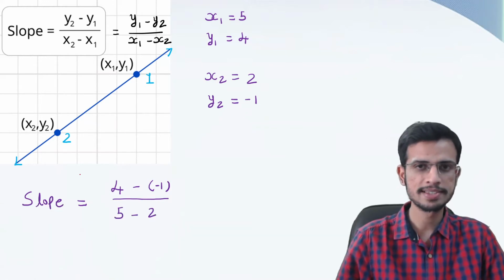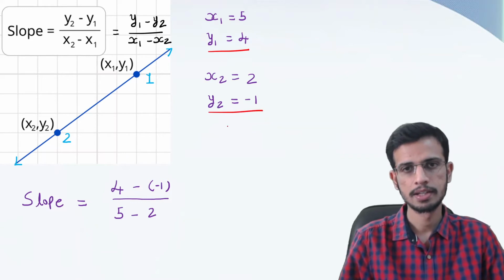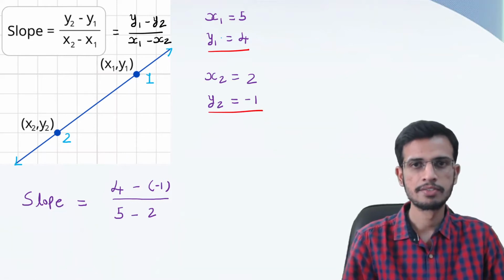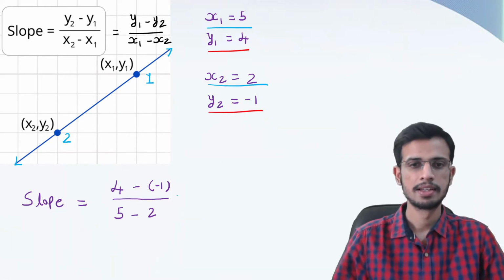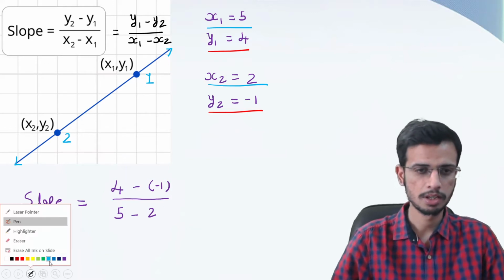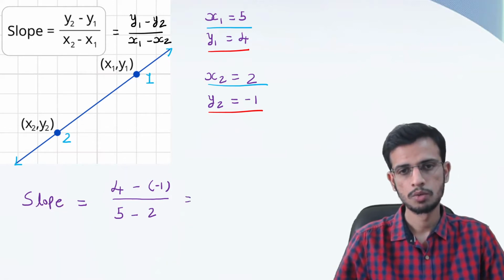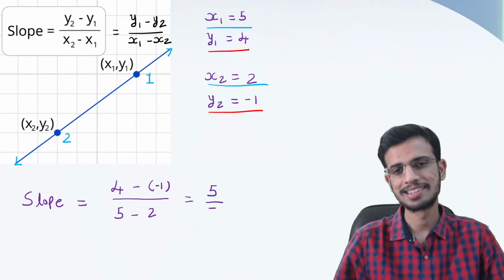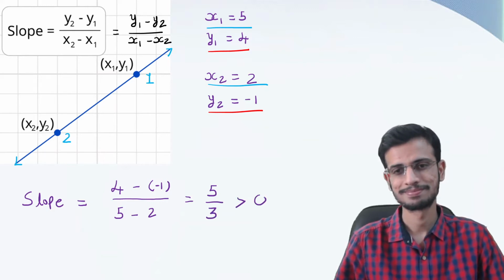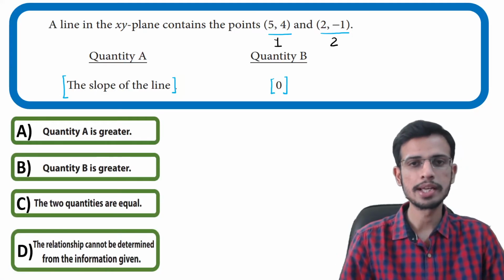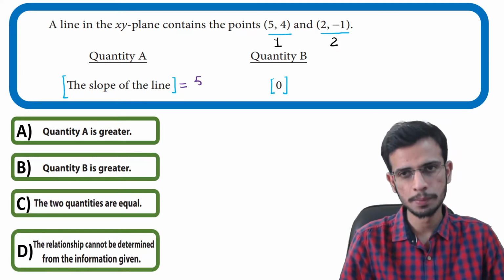We take the difference of the y coordinates and then the difference of the x coordinates. This becomes 5 by 3, which is greater than 0.